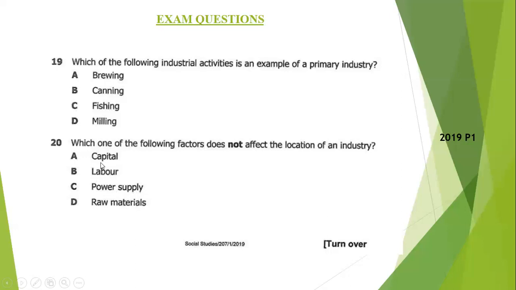Labor is another factor, but capital is not a factor. You don't need to have capital to choose where to locate your industry. As long as you have the money, you can locate your industry where you want. So the key factors which determine where you locate your industry are labor, power supply, and raw materials. So the best possible answer here is A, which is capital.